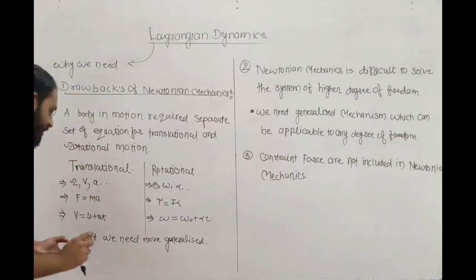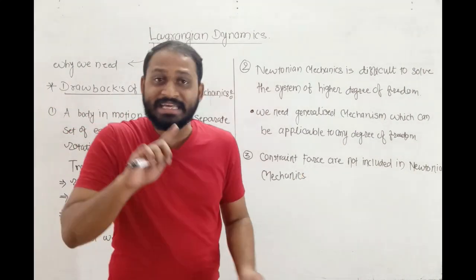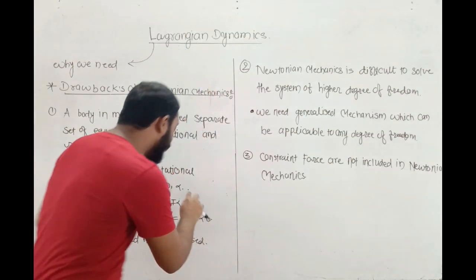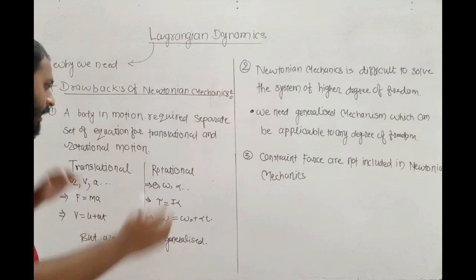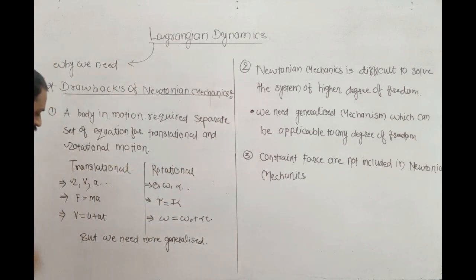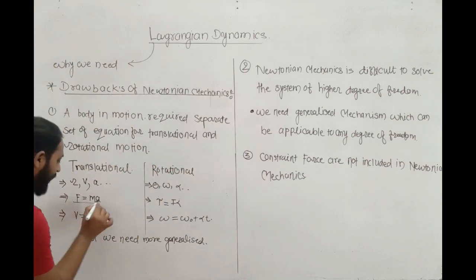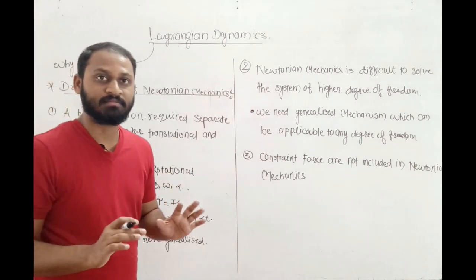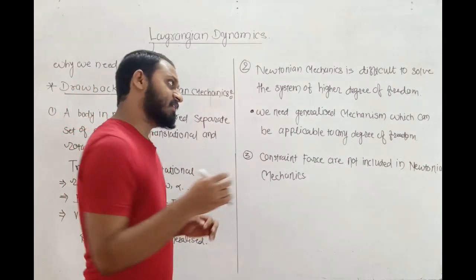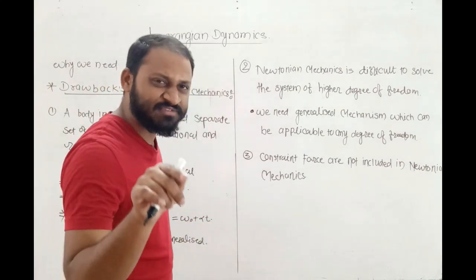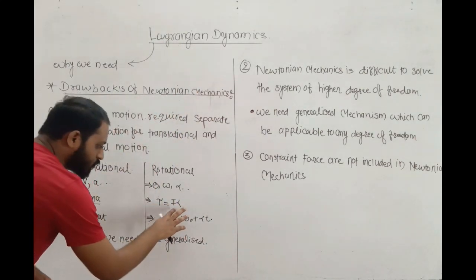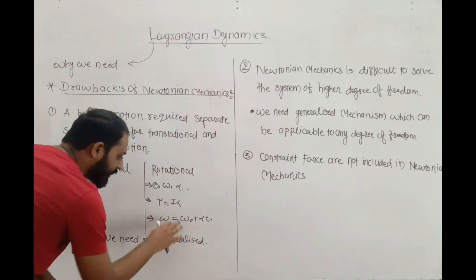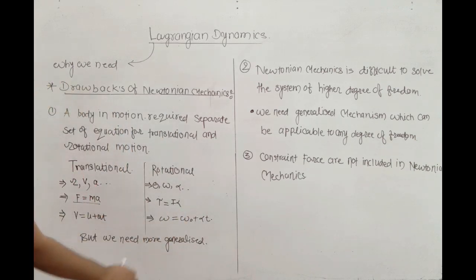In translational motion, a is acceleration, but in rotational motion, alpha is my angular acceleration. In translational motion, force is defined as F equals ma, but in rotational motion, in place of force you have to write torque. Torque equals moment of inertia I times angular acceleration alpha.